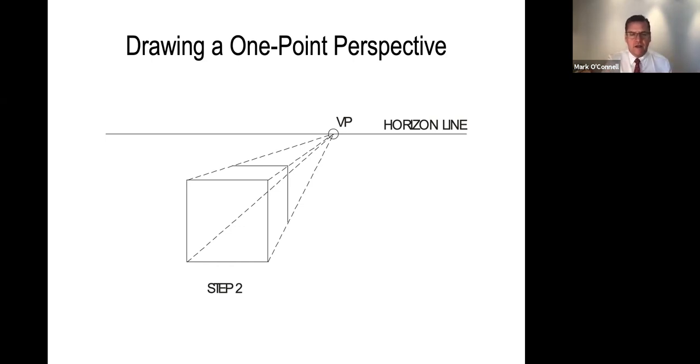So the front of the object is squared off from the sides. The back is squared off from the sides. It is only the sides that recede, that change, right? Because this is horizontal, this is horizontal. Front is horizontal, back is horizontal. Then you draw in those lines and you erase the orthogonals you no longer need.